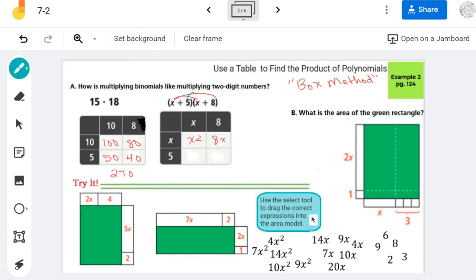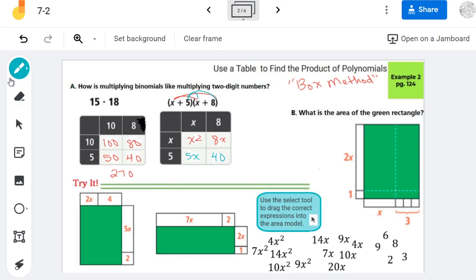And now I'm going to do that with the 5, all right? Essentially, I'm multiplying the 5 to each term. So 5 times x is 5x, and 5 times 8 is 40. So now I've multiplied the first term to each term in the second parentheses, and I've multiplied the second term to each term in the parentheses.